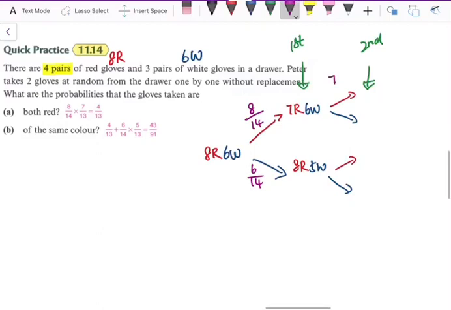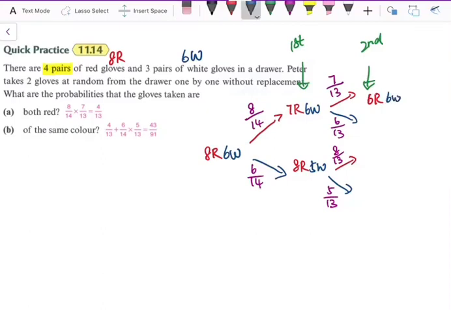So let's see how it changes. If we take out the red one, that means 7 out of 13. If you take out the white one, it will be 6 out of 13. If you take out the red one again, it will be 8 out of, same here, 13, 5 out of 13. So what remaining will you have? If you take out the red, you will have 6 reds, 6 whites.